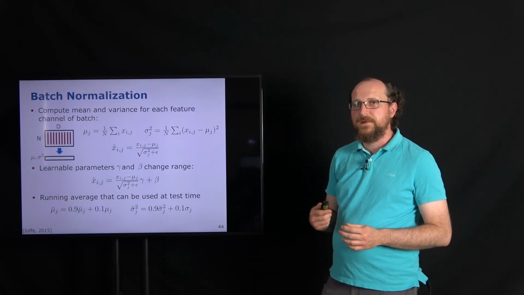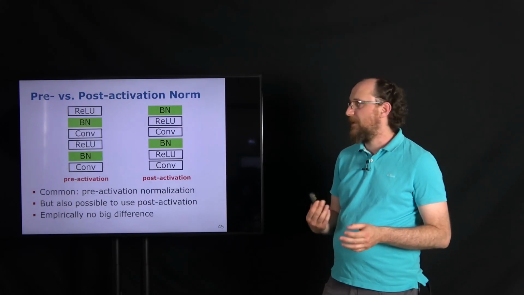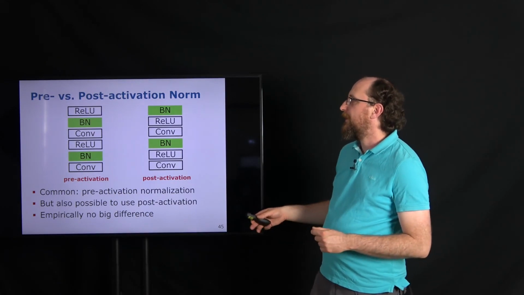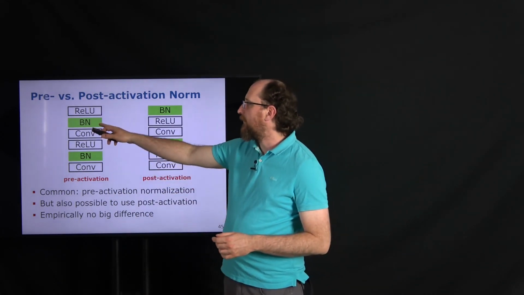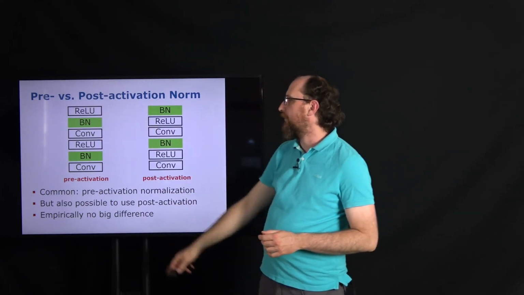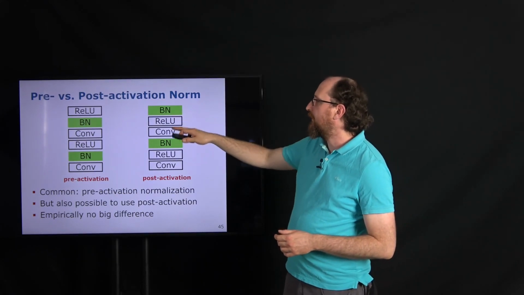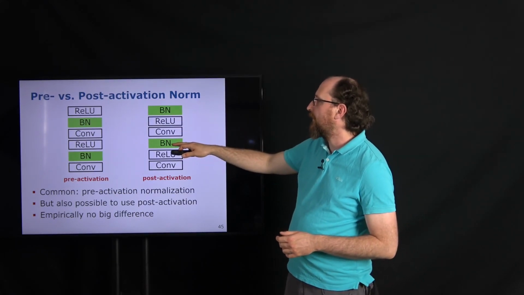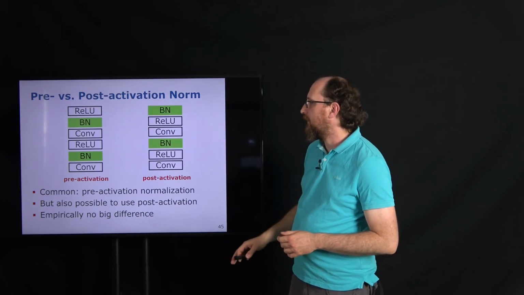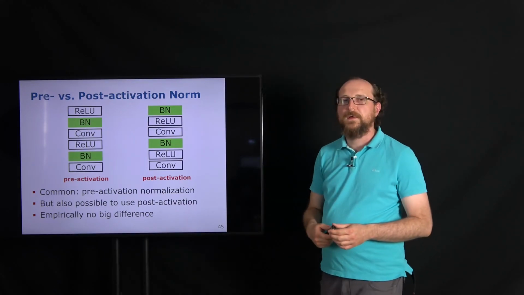Batch normalization can be included in the network in two ways. Directly after the convolutional layers and before the activation, which is the so-called pre-activation, or directly after the activation, so that we are normalizing after the activation, which is then called post-activation.